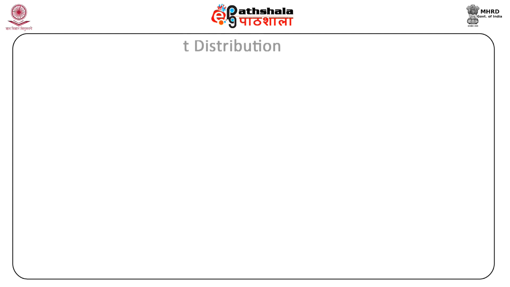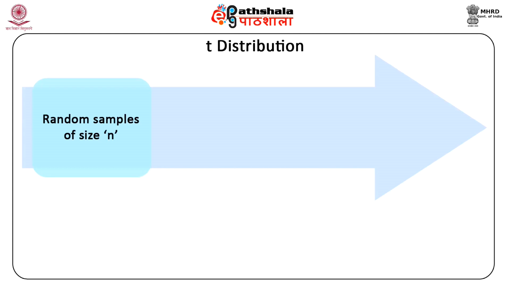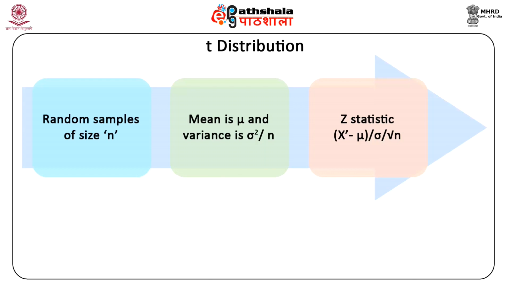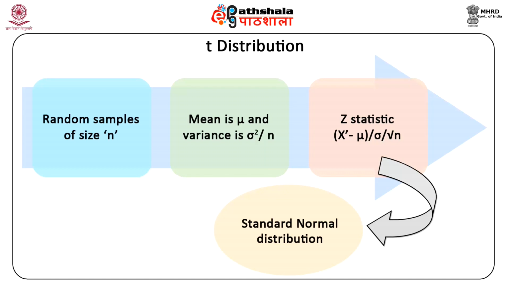It has already been discussed that for a random sample of size n taken from a normal distribution population with population mean equal to mu and variance equal to sigma square, the random variable x prime has a normal distribution with mean mu and variance sigma square upon n. Or we can say that the z statistic x prime minus mu slash sigma slash under root n has standard normal distribution.